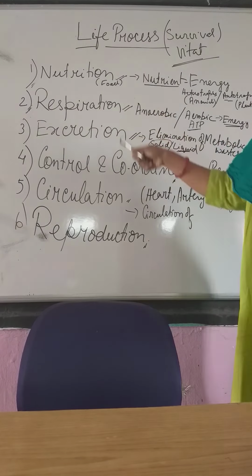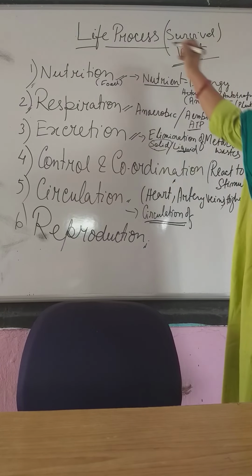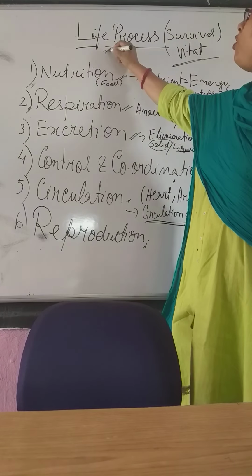It happens in plants also. In plants, there are xylem and phloem. Xylem transports the water from the root to the leaf, and phloem transports the prepared sugar or glucose from the leaf to the different parts of the plant body, because circulation is very important and life processes are very vital for the survival of the organism.